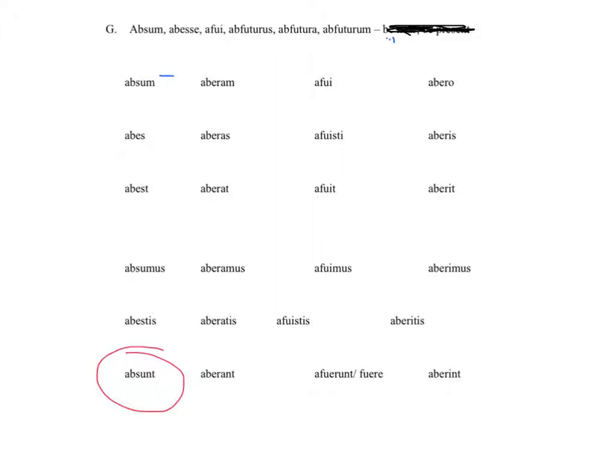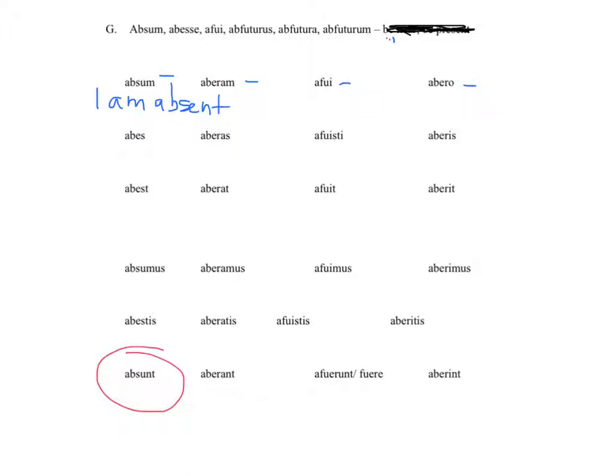So absum, for example, would mean I am not present, or I am not near, or I am absent, or I am apart. Ab eram would mean I was absent. Afui would mean I was absent, or I have been absent. And abero means I will be absent, or I will be apart.